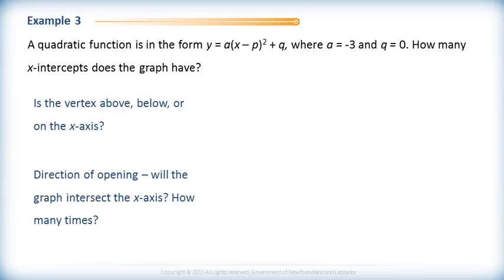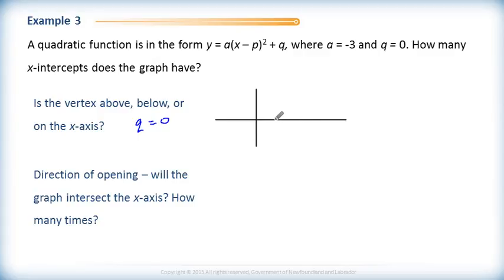For our final example, we're told that the a value is -3 and the q value is 0 for a function that's in vertex form. Is the vertex above, below, or on the x-axis? Well, we're told the q value is 0. So that means the vertex should be on the x-axis, right on it.